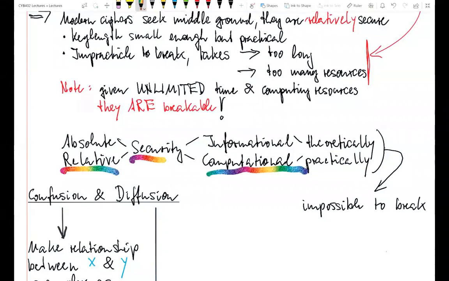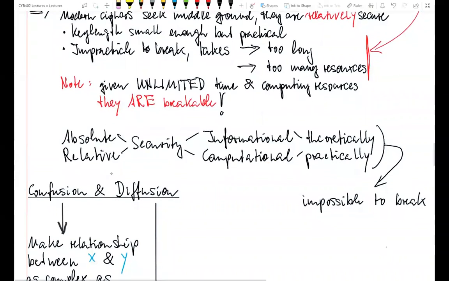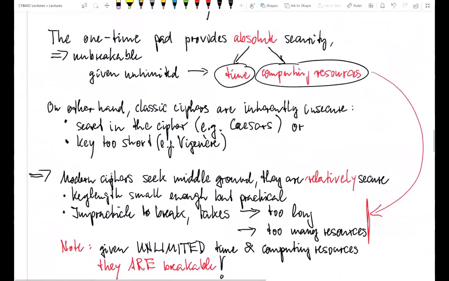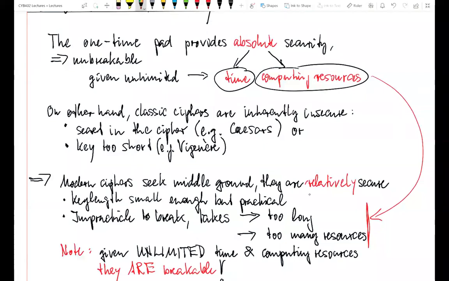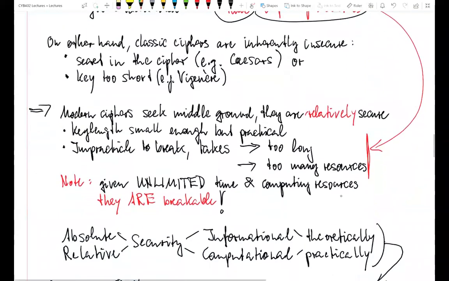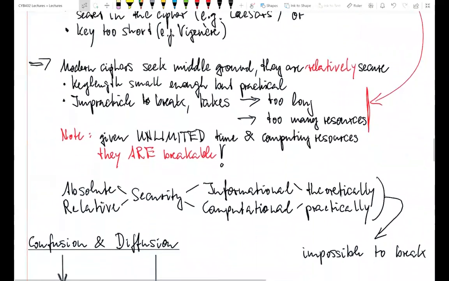It means that those ciphers are practically impossible to break, because in reality, in practice, we do not have unlimited time and unlimited computing resources. So that's the bet that we make. We rely on relative security because of the impracticability of having unlimited time and unlimited resources.